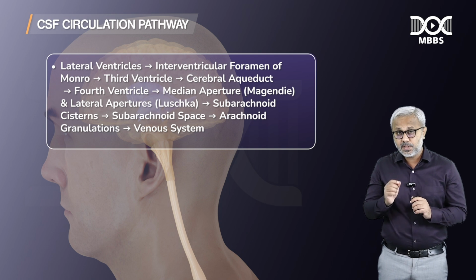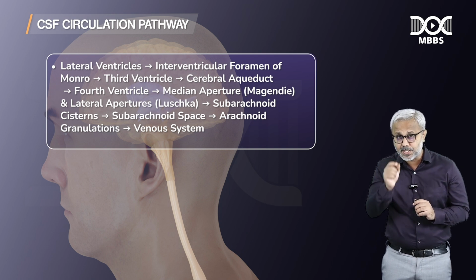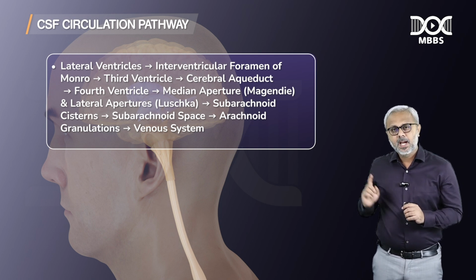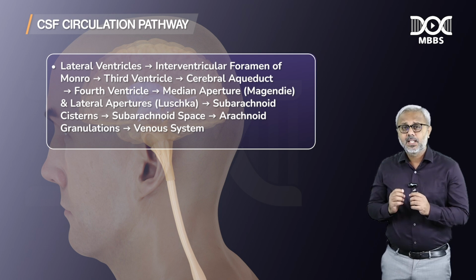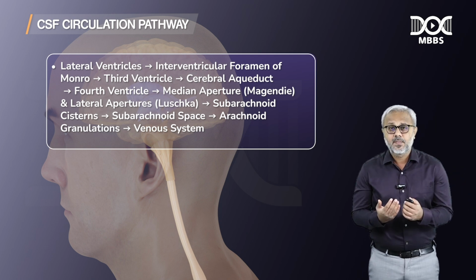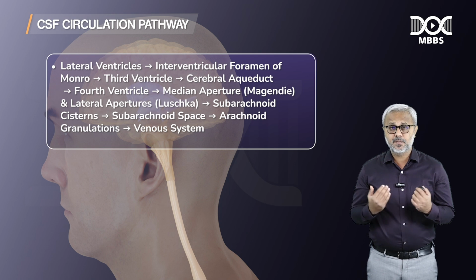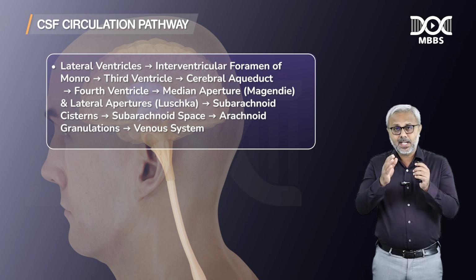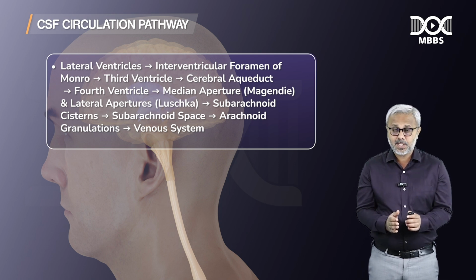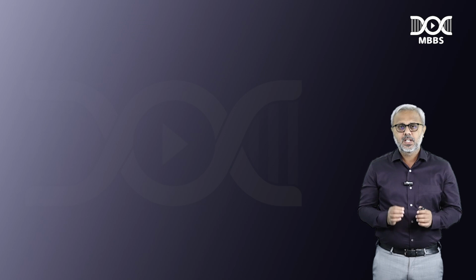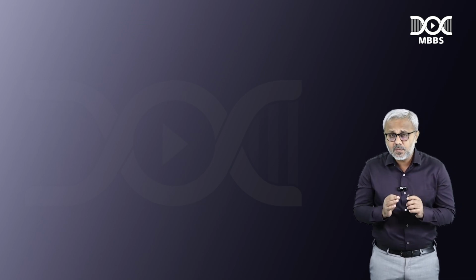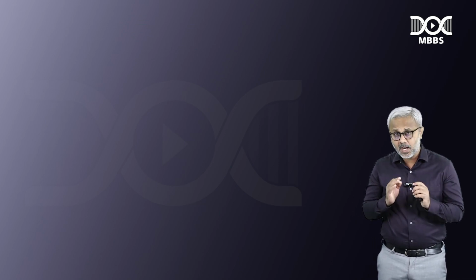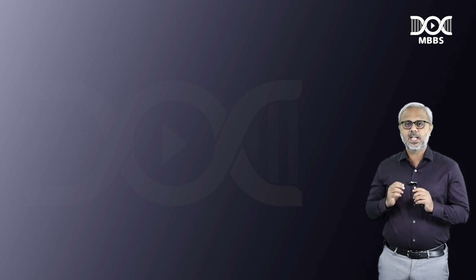So this is how the CSF will be present in the center of the spinal cord, and through the apertures in the roof of the fourth ventricle, the CSF spreads into the subarachnoid cisterns first, which are present around the brain, and then the subarachnoid space which is present around the spinal cord. So this is regarding the lateral ventricle and how the circulation of CSF occurs once it is produced in the lateral ventricle.